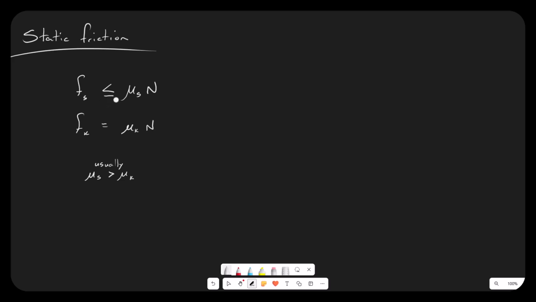The other big difference is this less than or equal to sign. Here's how that works. If I have a box like this, and I have a coefficient of static friction of, let's say, 0.5, we're going to give this box a mass of 100 kilograms.